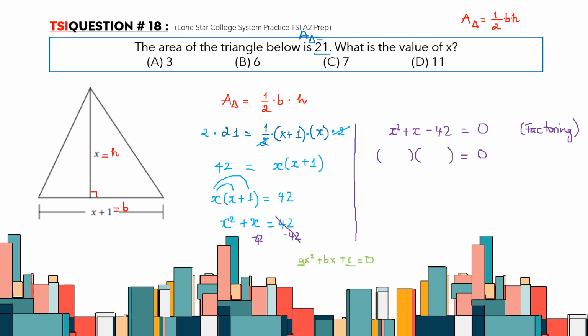In this case, a equals 1, b equals 1, and c equals negative 42. So the AC method says if we can find two numbers whose product is equal to a times c, which is negative 42 in this case, and the same two numbers, when you add them up, equal b, which is 1 in this case.